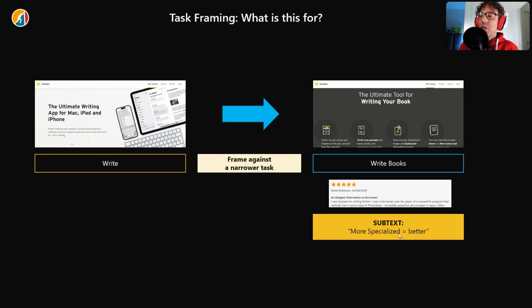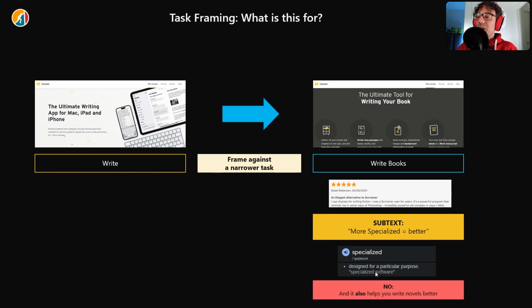Why does this work? As I explained before, the subtext when you see something that does one thing instead of many things is that it is probably better. It's more specialized. You will see if in reality that is true when you experience the product, but on paper, that is strong signaling. But I'm talking about specialized. So no, it doesn't work to say the ultimate tool for writing your book and the blog.